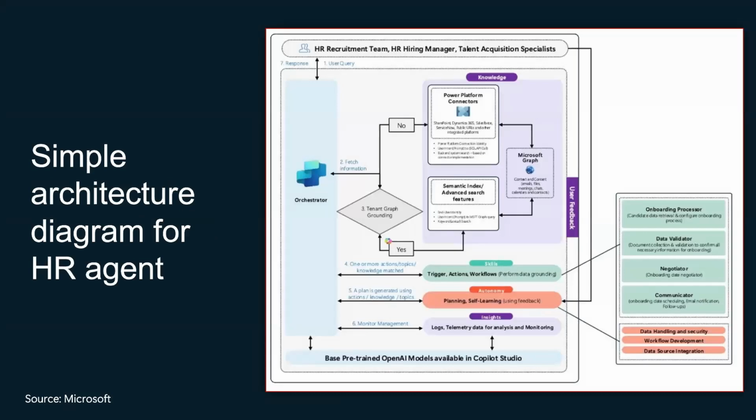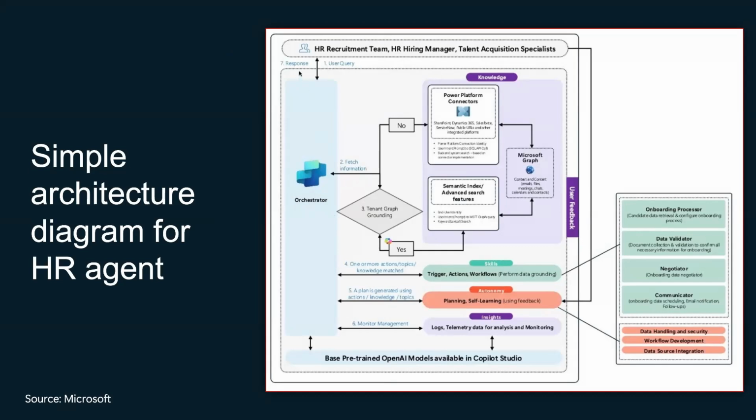The use case I showed you is very simple, but if you look at some HR-related architecture here, you see you can build really cool agents. One agent could serve the HR recruitment team, HR hiring, and all these different teams can use the same agent.